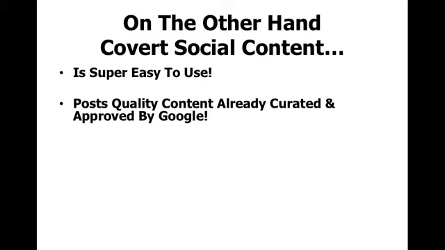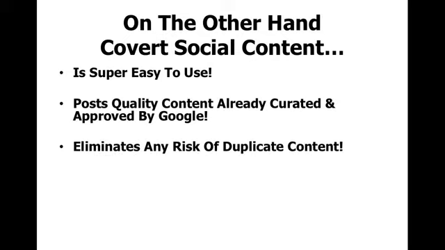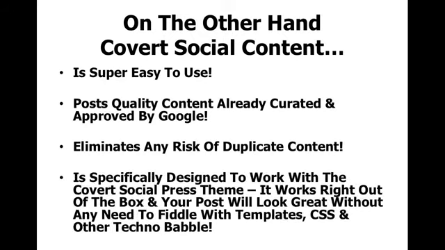It posts quality content that has already been curated and approved by Google, because 2 of the modules in there pull the things Google thinks are the best content for those keywords. It also eliminates any risk of duplicate content, because it will never post something that has the same source link or the same title twice. It automatically checks for that, so you're safe in that regard too.